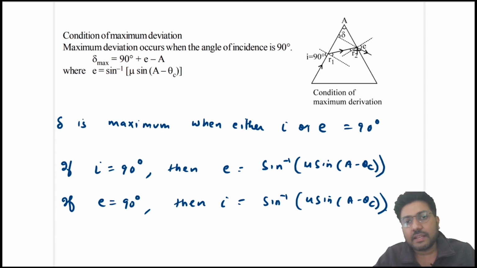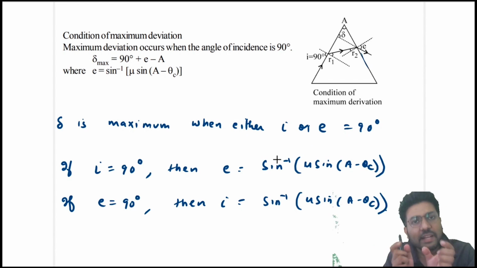If grazing emergence is there, then I will be this. But if grazing incidence is there, then E will be this. Okay. Again, provided A belongs to theta C to 2 theta C, right? Because only if A is greater than theta C and less than 2 theta C, then the condition of emergence and no emergence comes, right?